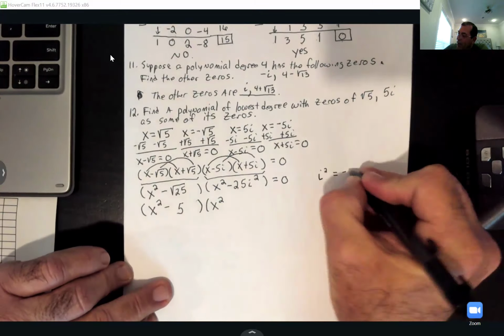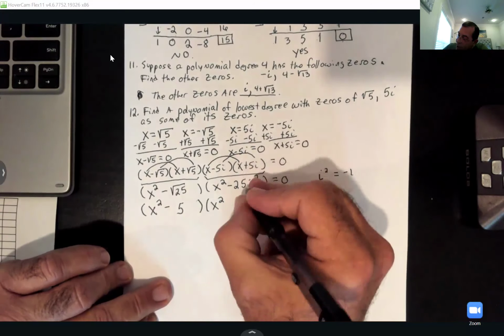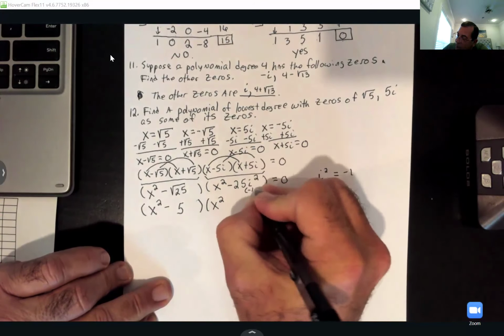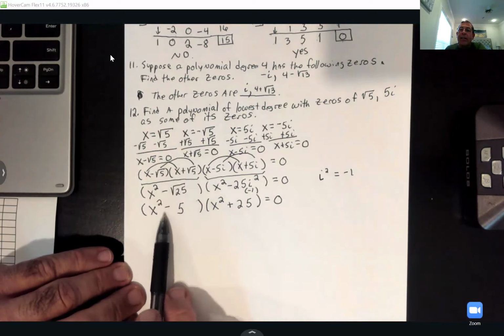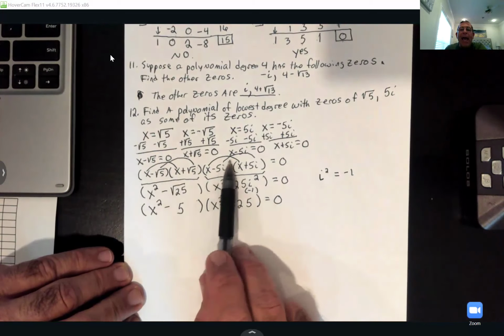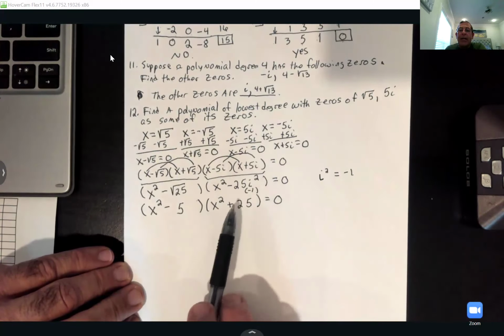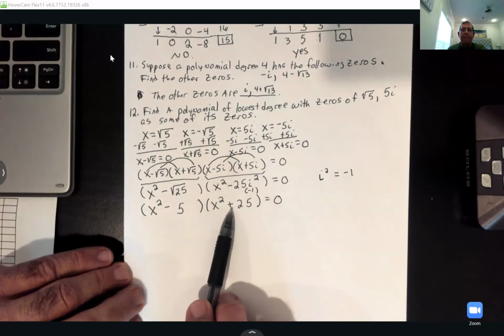Negative 1. Good job. Remember, i squared equals negative 1. So if you replace that i squared with a negative 1 here, negative 25 times negative 1 will make that a positive 25. So notice, the radicals always end up negative. The imaginary numbers always end up positive, okay?